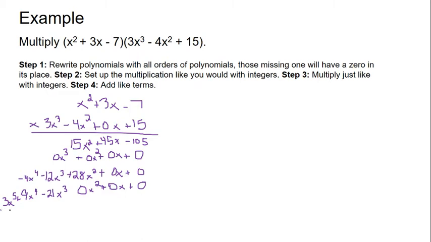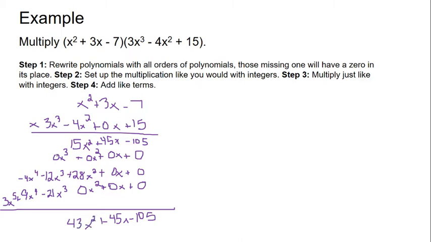So then our last thing is we've got to just add all of our terms. So we have a negative 105 here, 45x, 0, 0, 0, so that's just a positive 45x. Then x squared: 15x squared, 0, 15, so we have just the 15 and 28, so that gives us a 43x squared.